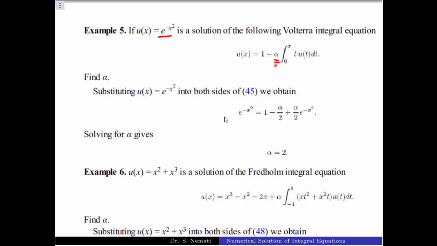For solving this example, we have to substitute the solution in both sides of the equation.